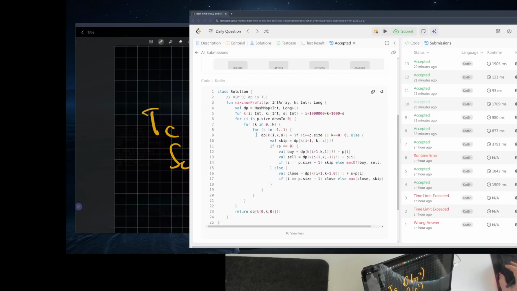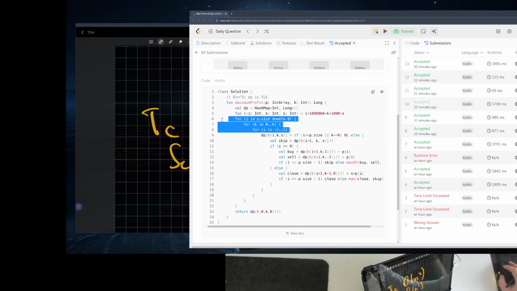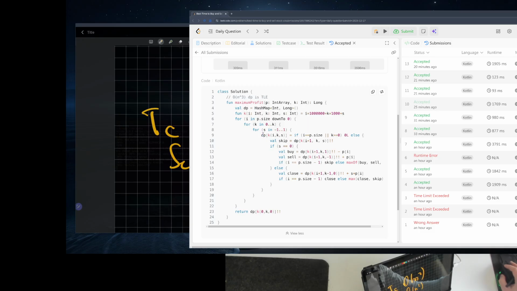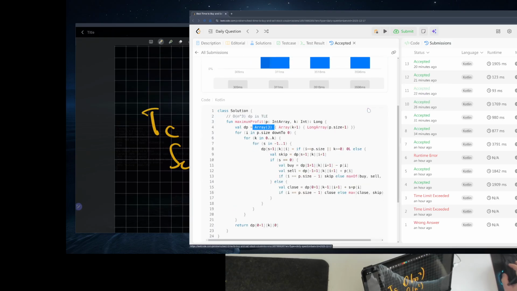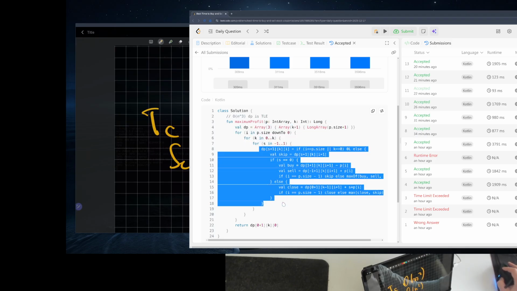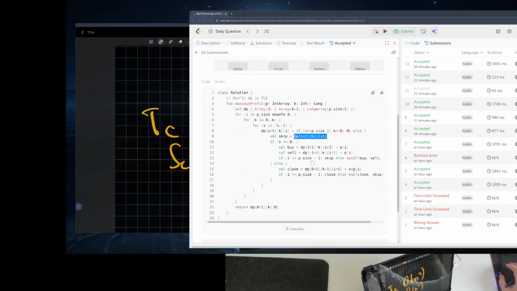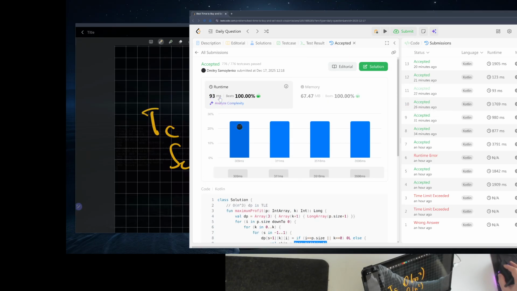I just rewrote this depth first search into an iterative loop, and I kept the body of the function absolutely the same with the hash map, and it was slower. But then I used arrays and kept the loop and the body the same, just rewrote this with loops, and now the time is much faster.